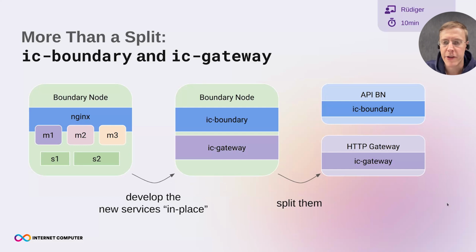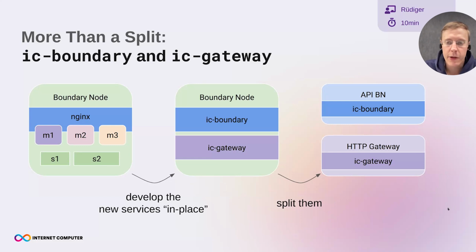As it was quite an undertaking to develop these services completely new, we took a two-step approach. We developed them and slowly integrated them in the legacy boundary nodes by just replacing Nginx and those modules with the new services. This allowed us to gather experience with those services and see that everything runs smoothly.